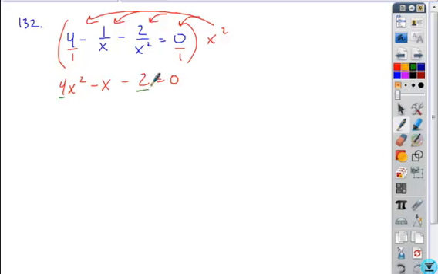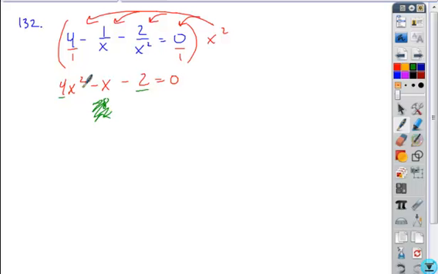So if I take 4 times a negative 2, that is negative 8. Are there 2 factors whose sum is equal to negative 8? No.